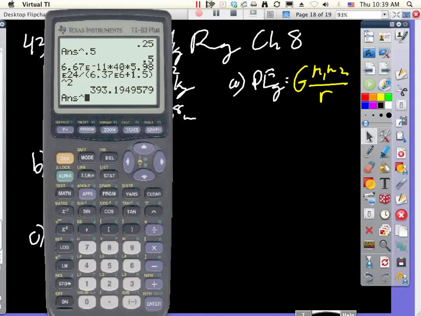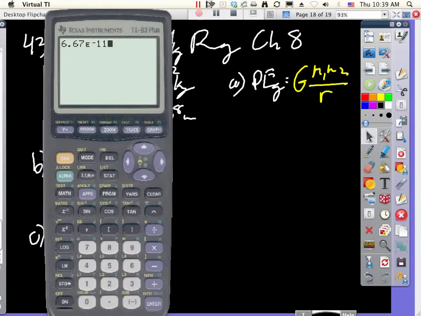All right, clear that. And so it's 6.67 times 10 to the minus 11 times the mass of the moon. What was the mass of the moon? 7.35 times 10 to the 22. Okay.